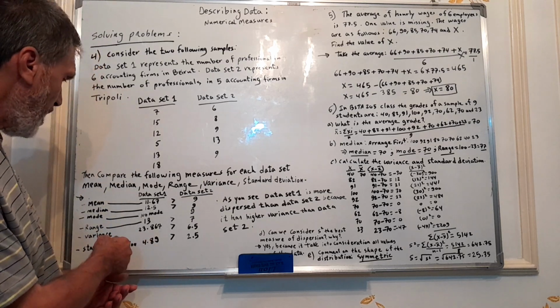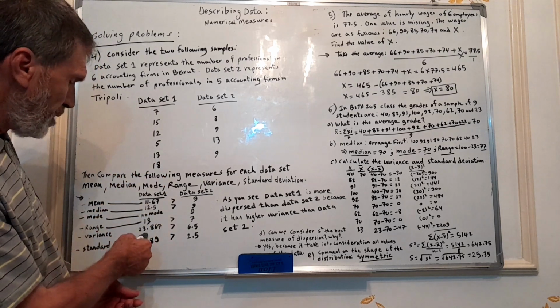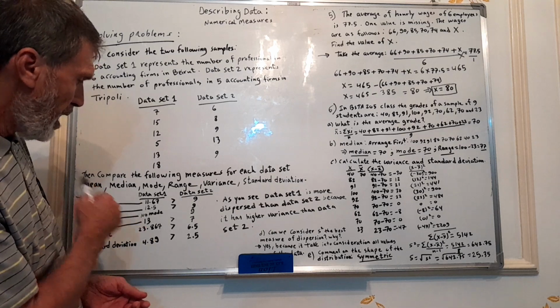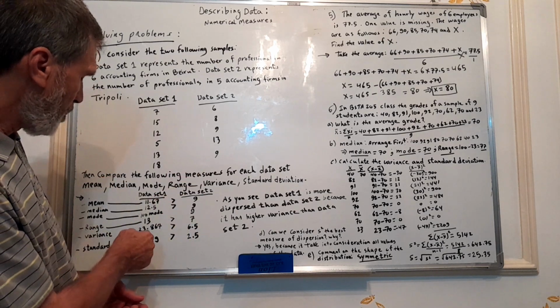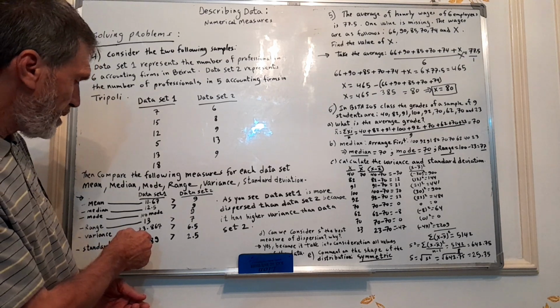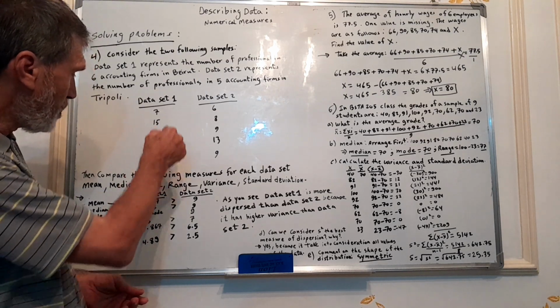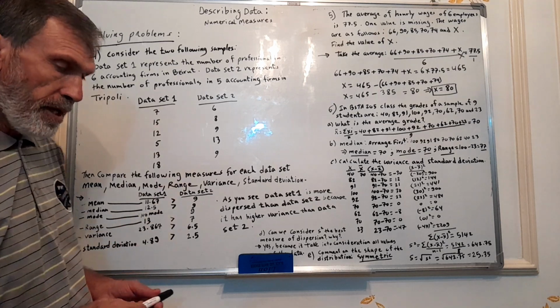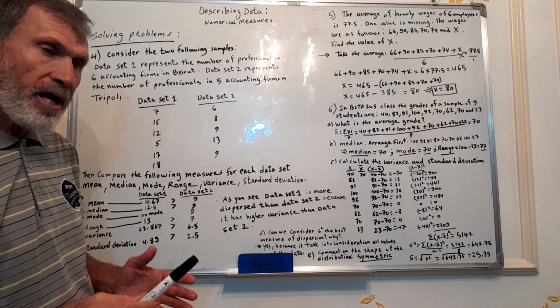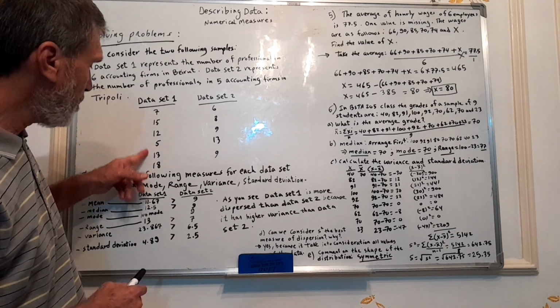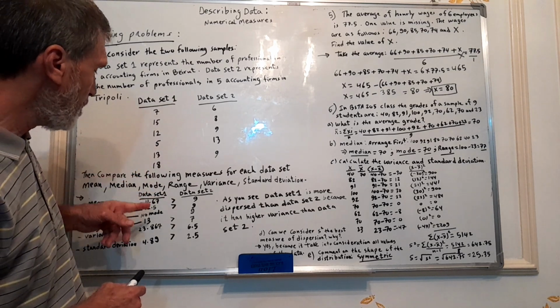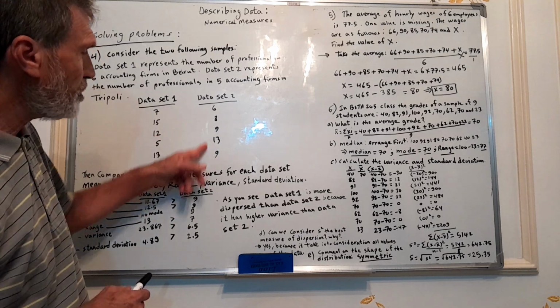So as you can see, the variance in data set 1 is 23.867. However, in data set 2, it is 6.5. So the observations have more variation here than the observations here.